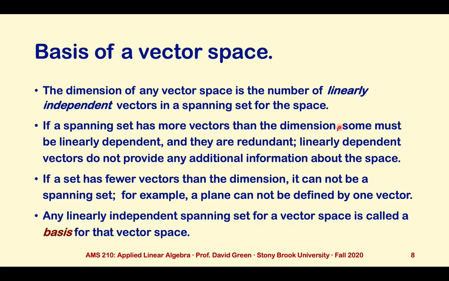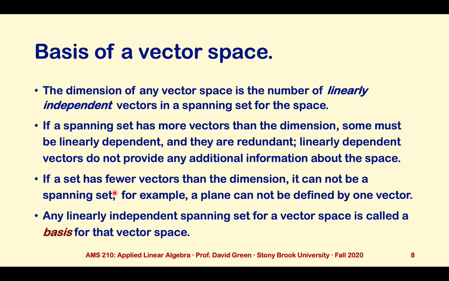If we know that a vector space is dimension 2 and we're given a set of vectors from that space that has 3 elements, we know there must be linear dependence there. There must be redundant vectors that don't provide any additional information about the space. We could get rid of those and still be able to generate the space equally well.